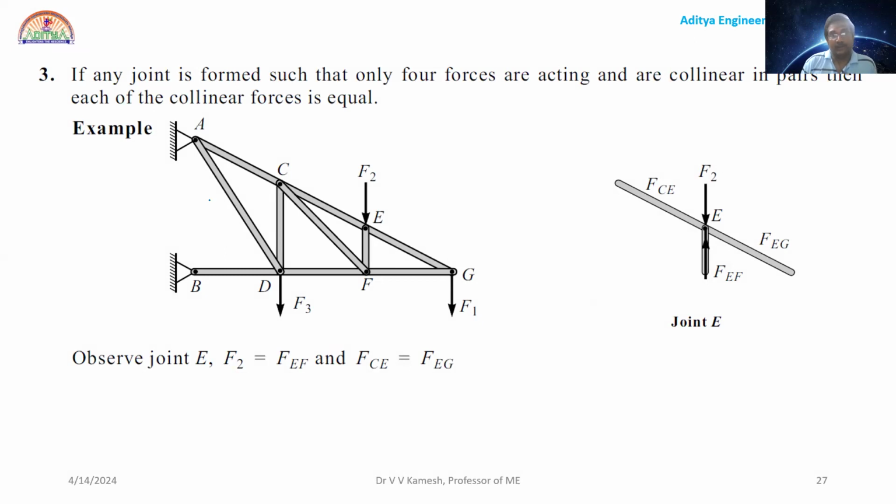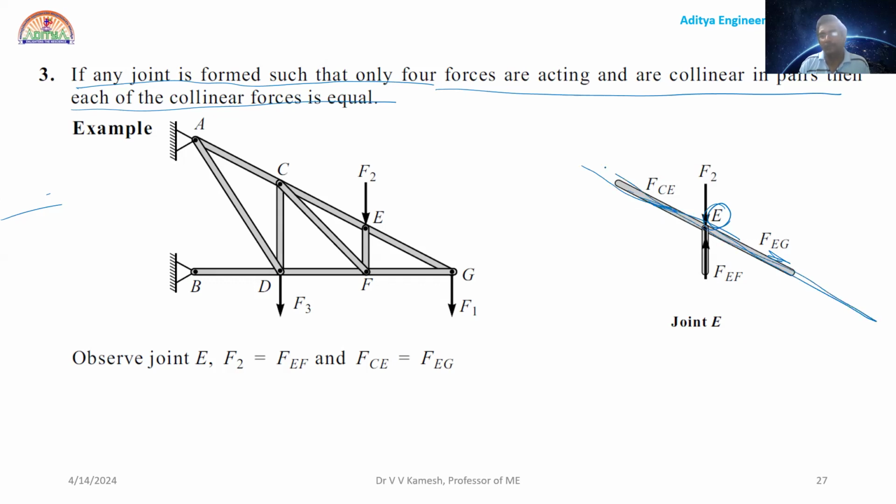Now, third condition: if any joint is formed in such a way that four forces are acting, collinear in pairs, then each pair of collinear forces are equal. The example is joint E. What are the collinear forces? FCE and FEG are collinear, so they are acting in a line, this inclined line.